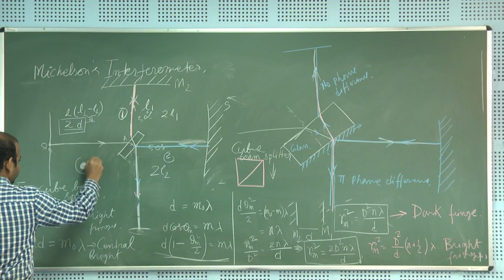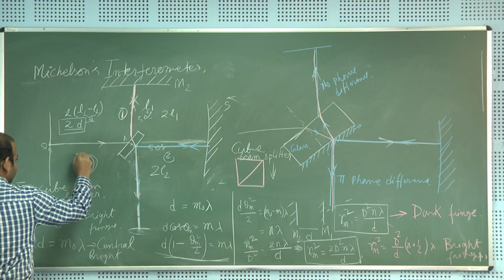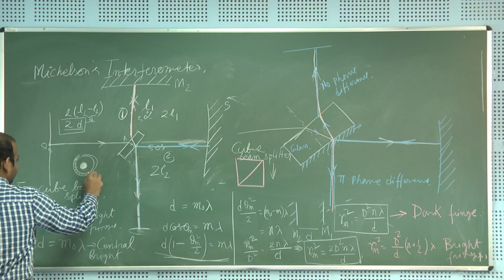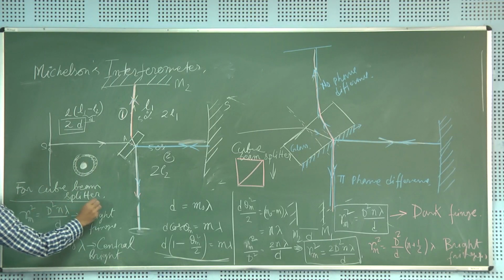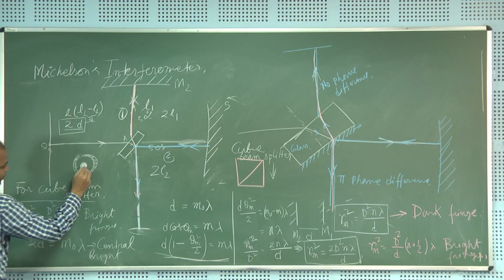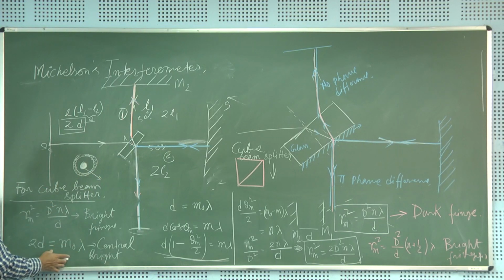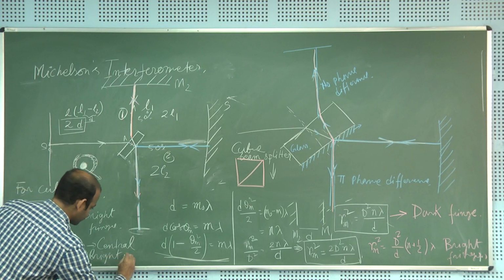and then there would be different fringes. So in this case, if we had used a cube beam splitter, then this would be the condition for that central bright maxima.